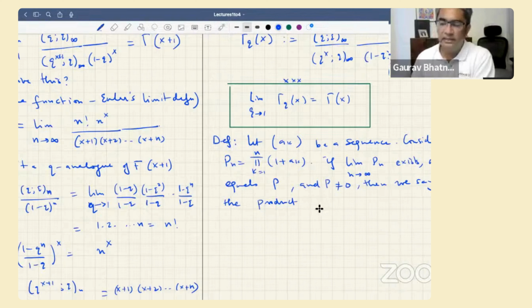So this entire product, 1 plus a_k, k going from 1 to infinity, converges.